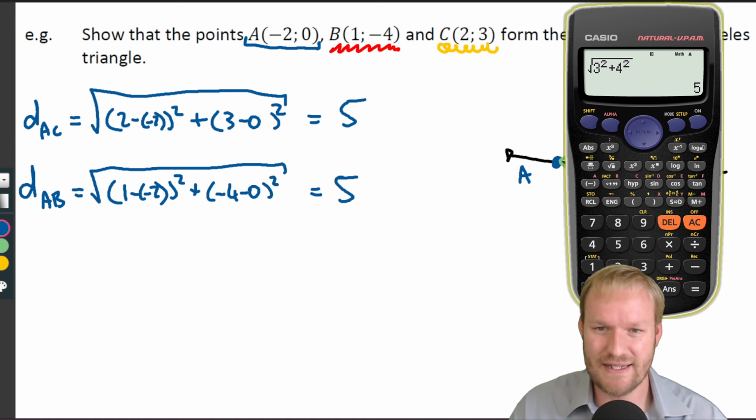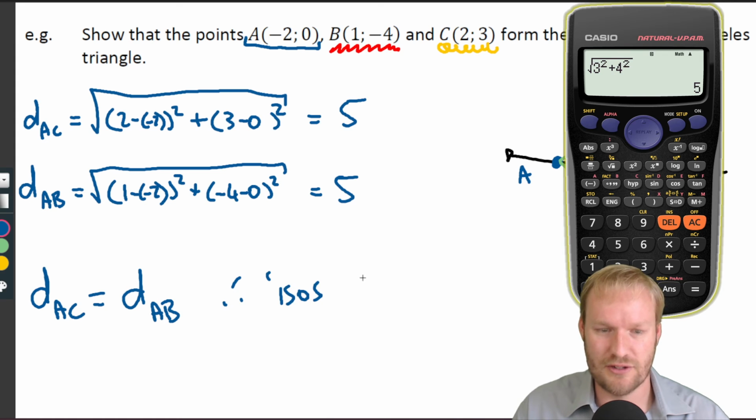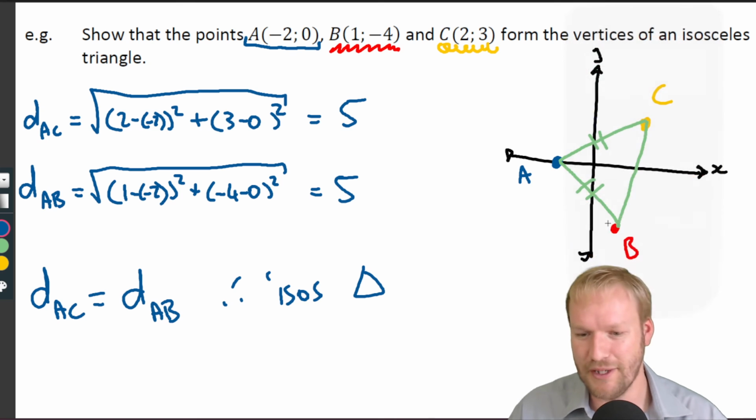It looks like AC is the same as AB. So my sketch wasn't so useful. So to show that it's an isosceles triangle, we might want to sum up and say the distance AC is equal to the distance AB, therefore isosceles triangle. Those two are the same.